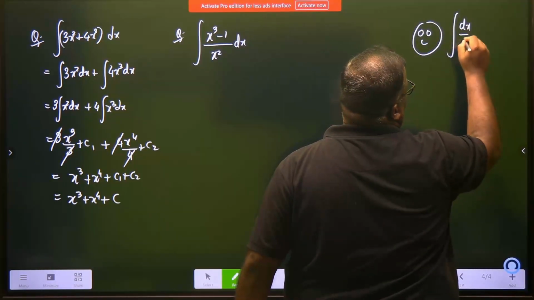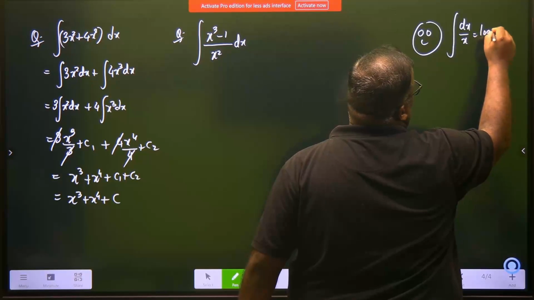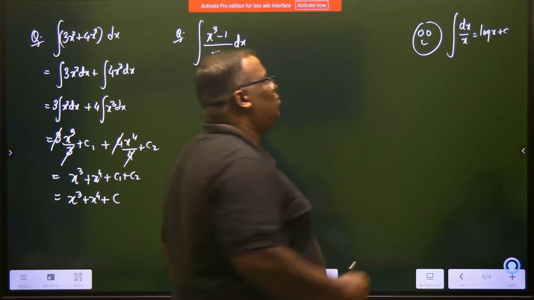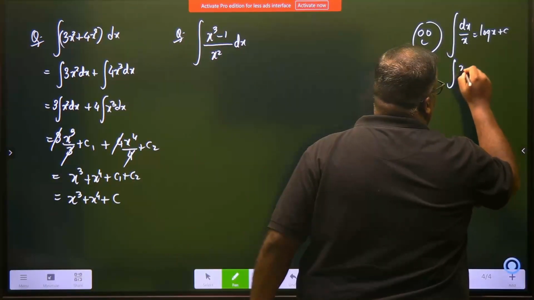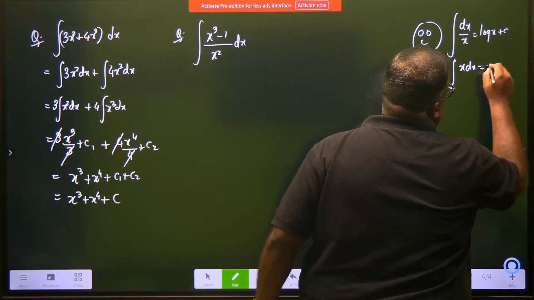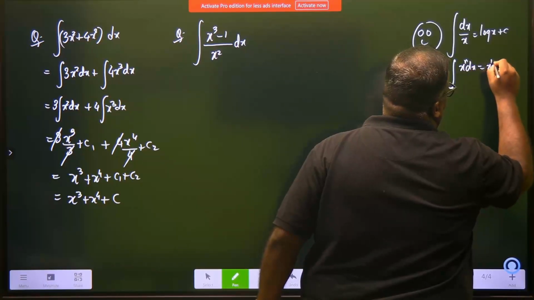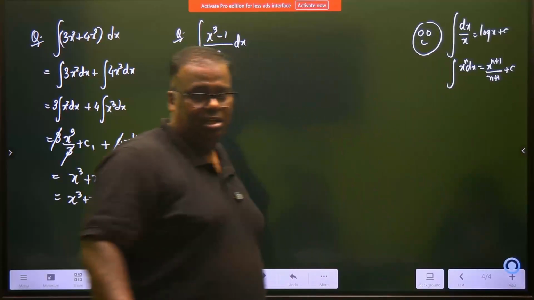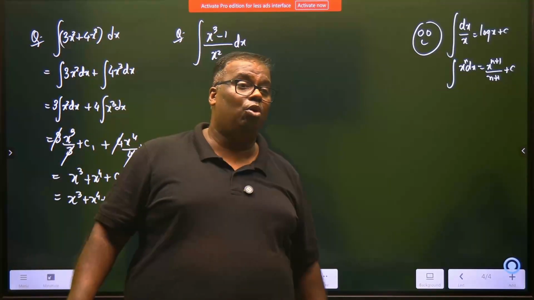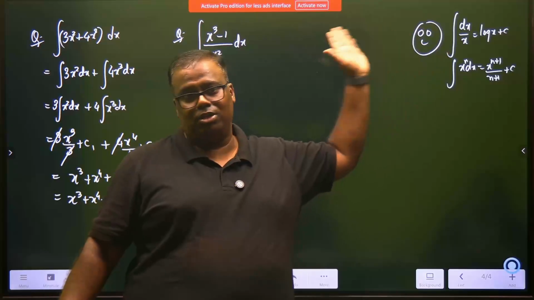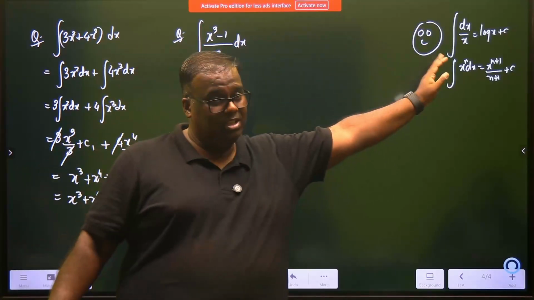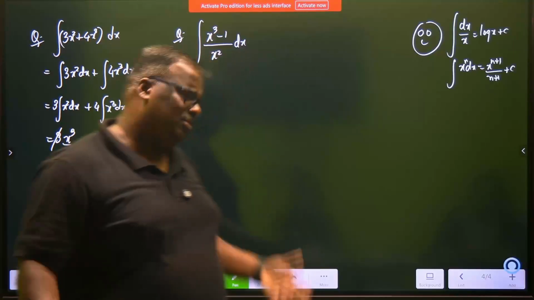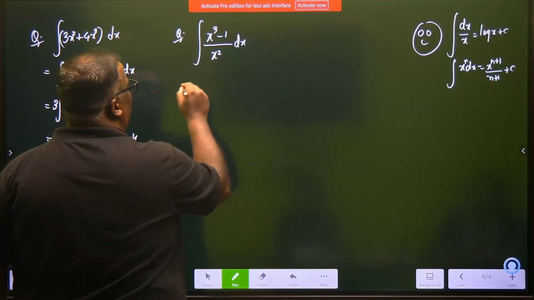Integral dx by x, which is equal to log x plus c. And another formula: integral x to the n dx is equal to x to the n plus 1 divided by n plus 1 plus c. I don't know anything other than that. You have to bring it back to this form by any means. Only with this screwdriver will it open. Let's see what we can do here.